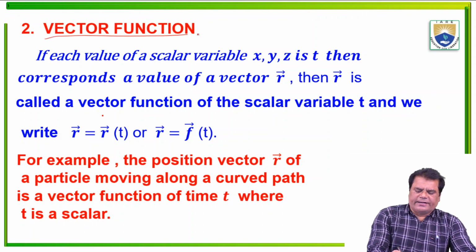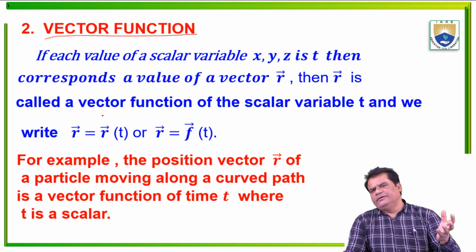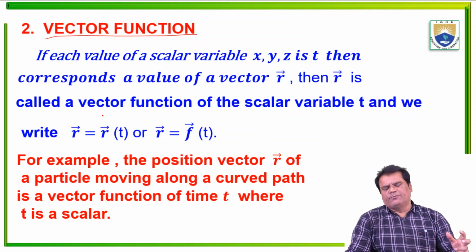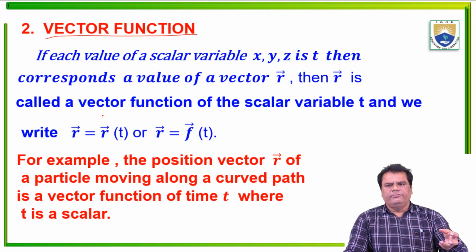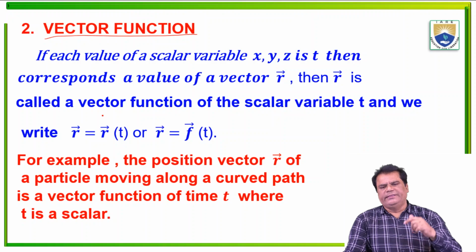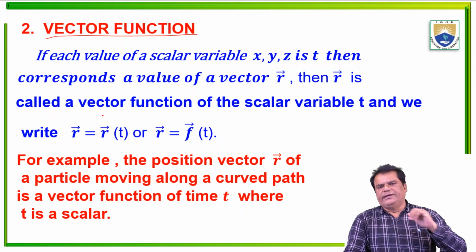Next, second is the vector point function. What is a vector point function? Basically, the definition of a vector point function is the value of the function in vector form at a given point in the three-dimensional coordinate system.